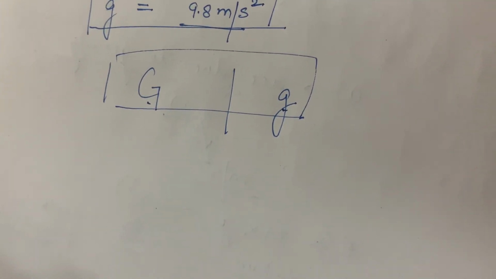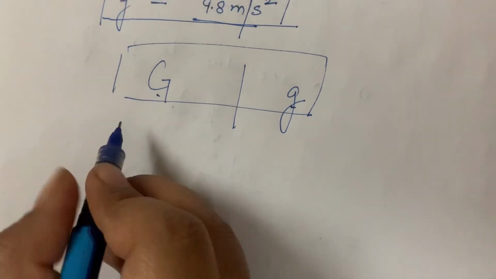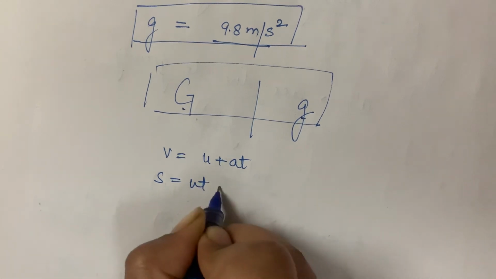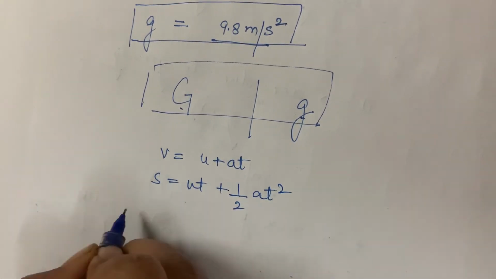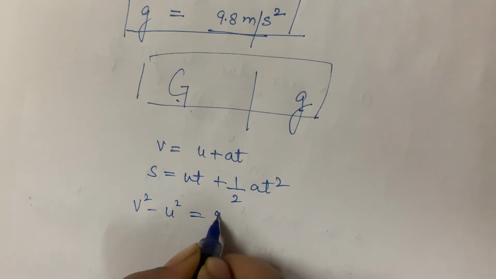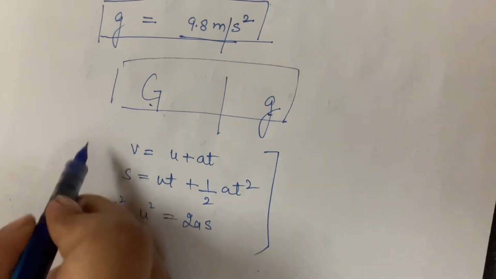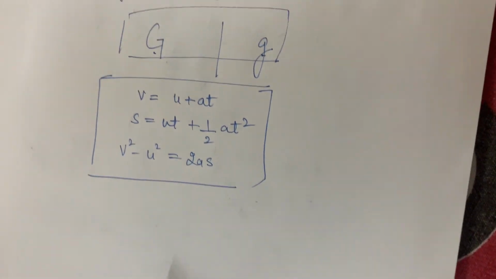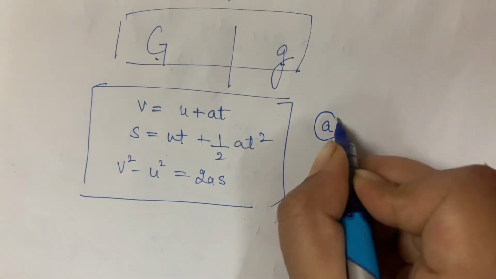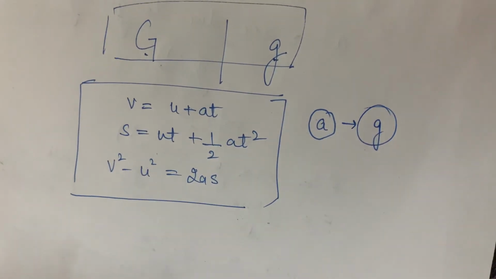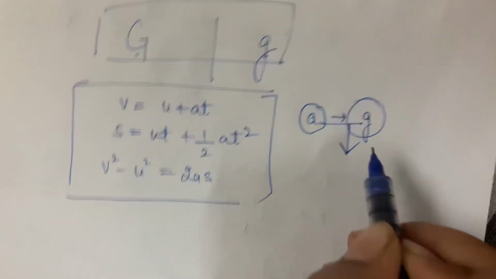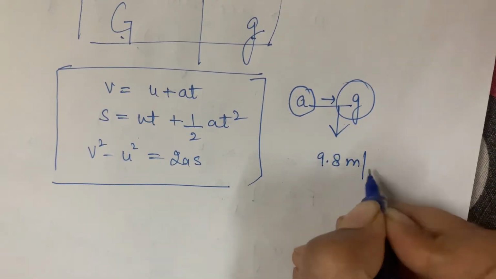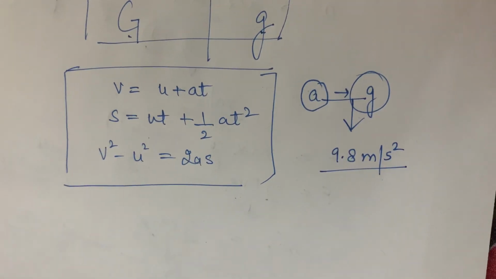In all the equations we have, V equals U plus AT, S equals UT plus half AT square, V square minus U square equals 2AS, the same equations we will apply in this chapter, just we will change this A into g, and the value of g you have to remember always for numericals, that is 9.8 meter per second square.